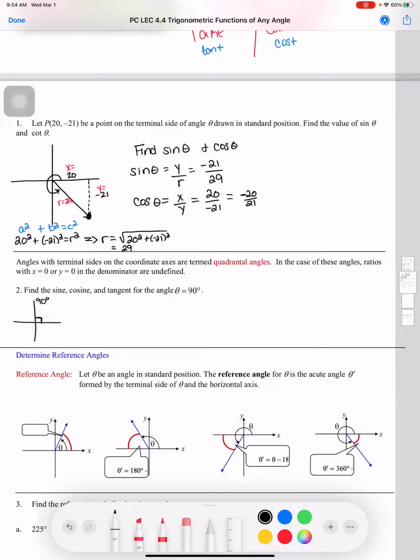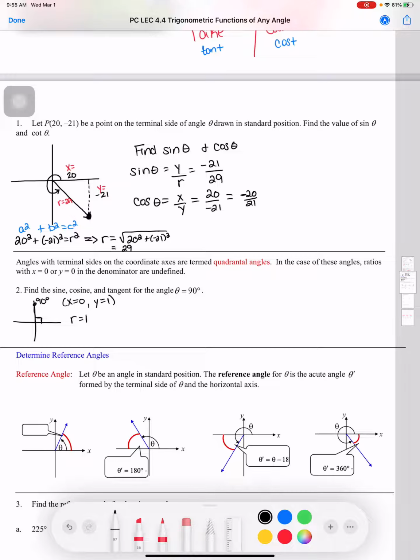So at that point, I could say that maybe x is equal to 0 and that y is equal to 1, possibly, right? So if that's true, then my r, it makes sense that if my y is equal to 1, then the radius must also be 1 if we're drawing a circle there, okay?